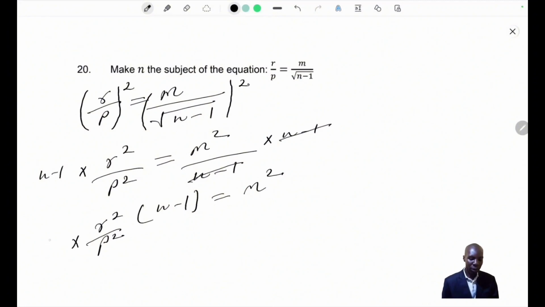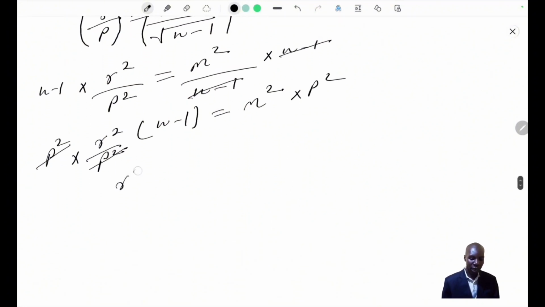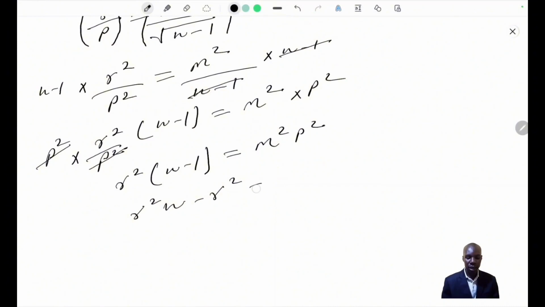Cross multiply both sides by p squared. So this one will cancel out. So we are left with r squared in bracket n minus 1 equals m squared p squared. So open the bracket, r squared n minus r squared equals m squared p squared.